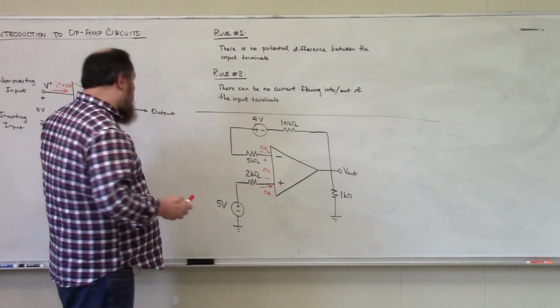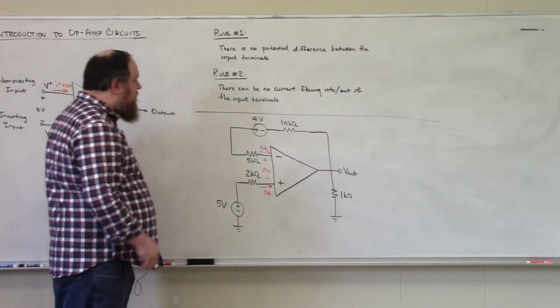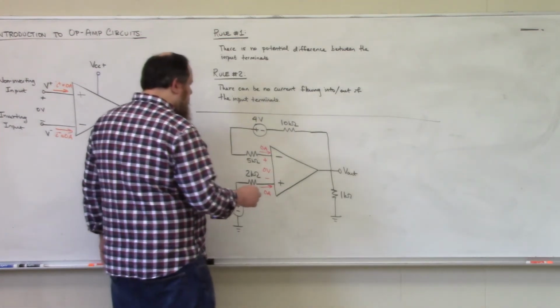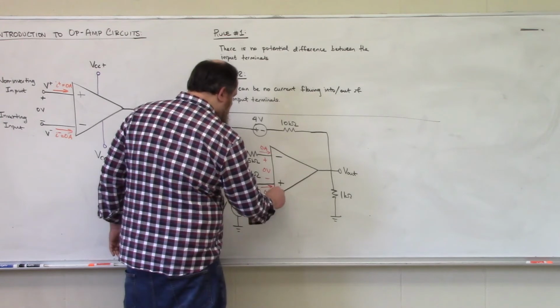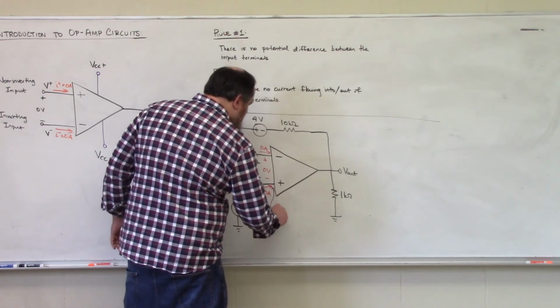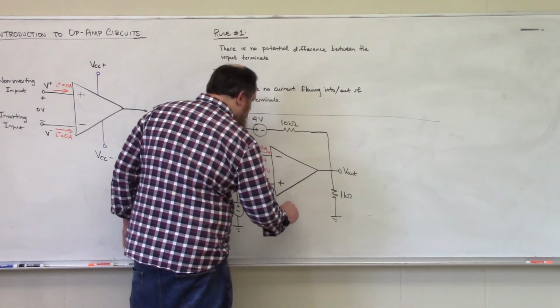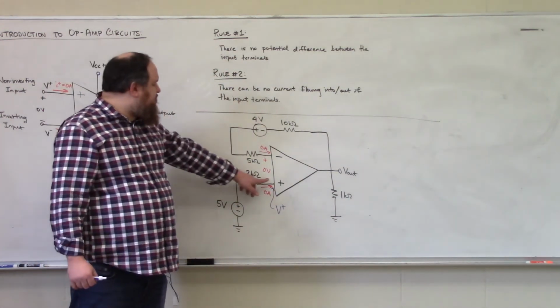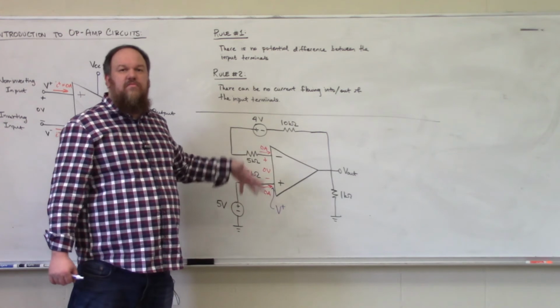So we have applied our two ideal op-amp rules. So our first step is going to be to determine our nodal voltage at the non-inverting input terminal. So that nodal voltage I'm going to call V+, and this is the voltage drop measured at this terminal with respect to ground.